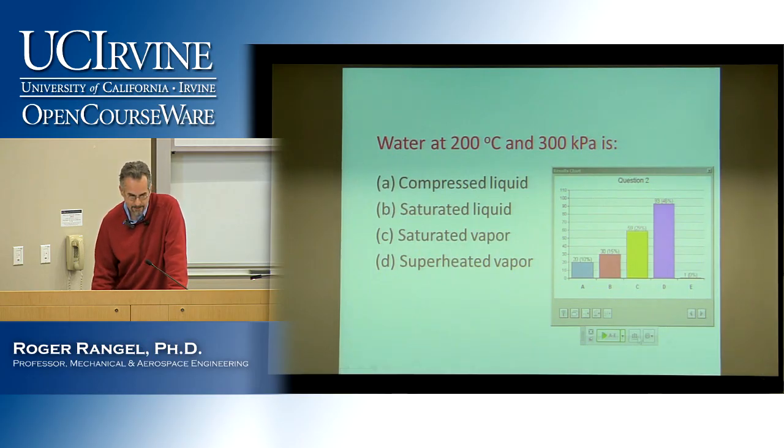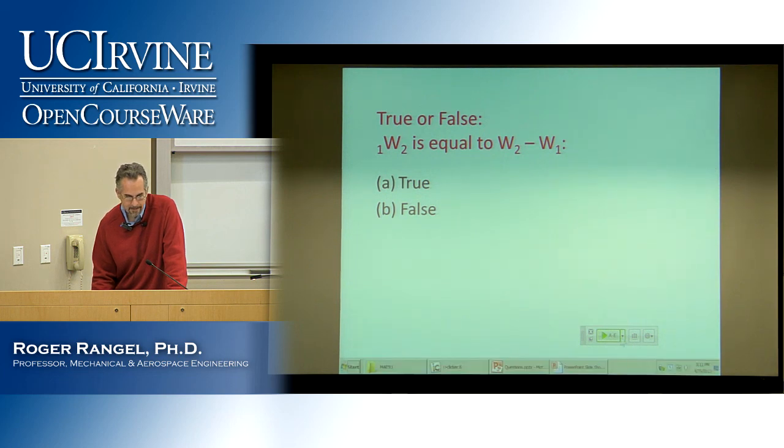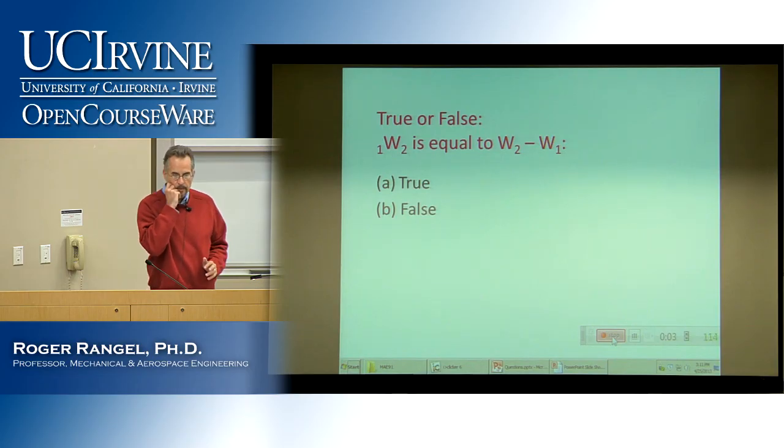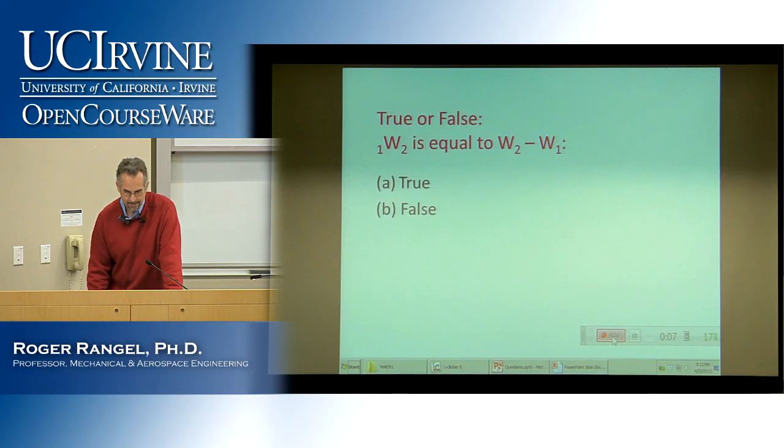Let's do another one. Maybe we can do two more. True or false? W12 is equal to W2 minus W1. 5, 4, 3, 2, 1, 0.